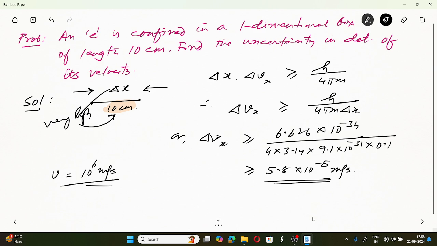So let us move to another problem. This is with respect to energy and time, uncertainty in the determination of energy and time, the next problem. Okay, let me give you the problem first.